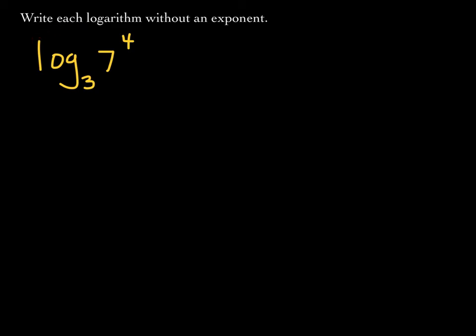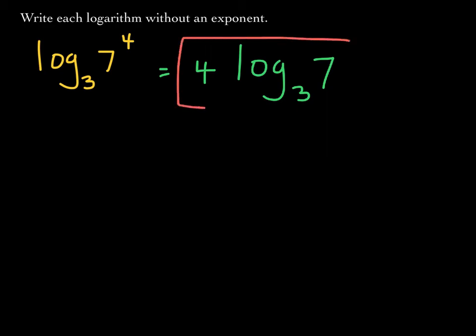So in other words, you can rewrite this as 4 times log base 3 of 7. That's it. So then this is equivalent to the original expression. The exponent of 4 just comes down. The power comes down like that. That's whenever you're taking a logarithm of an exponential expression.